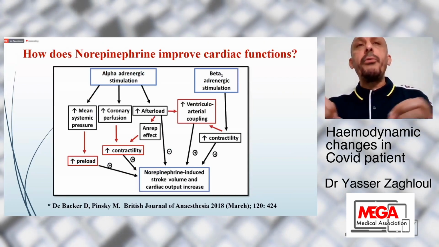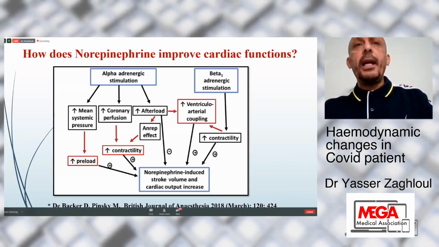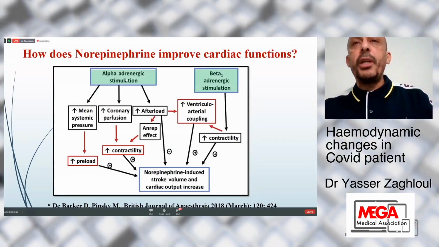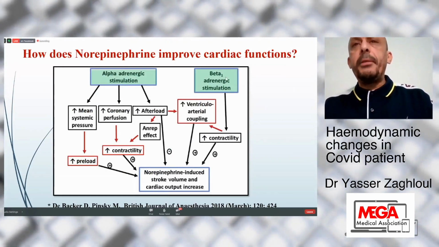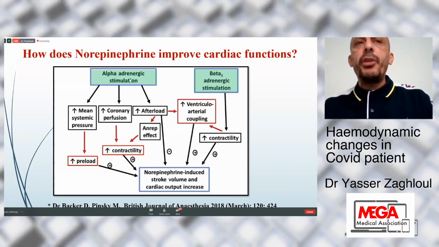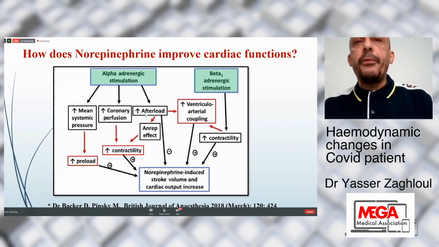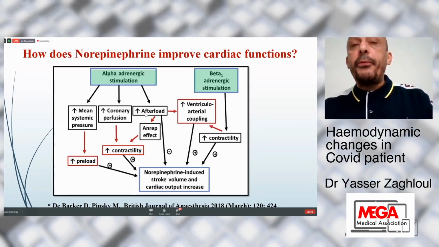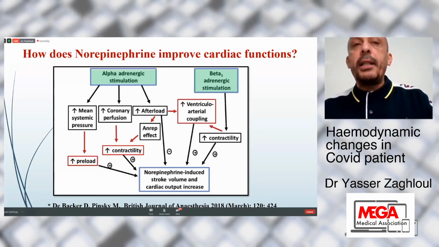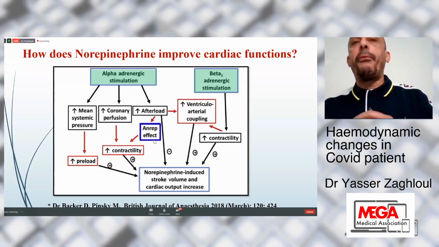Why are we using nor-epi in most of our patients? Actually, it has strong alpha stimulation and weak beta stimulation. Beta stimulation increases the contractility. Alpha stimulation increases MAP, increases coronary perfusion, and increases afterload. This increase of afterload increases the contractility within about 10 to 15 minutes, and this is named the Anrep effect.